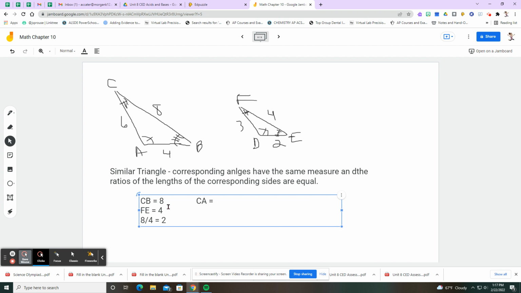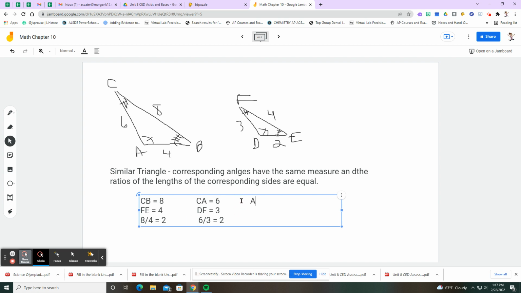That is 6. And then I look at side DF, and that is 3. Well, if I make a ratio of those two, 6 over 3 is, guess what? 2. And I look at the third side.